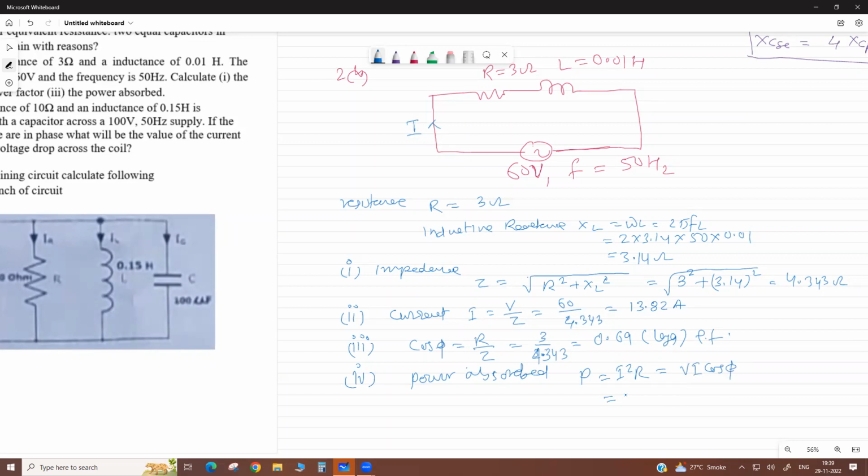I square R comes to about 3.8 watt. Okay, dear.